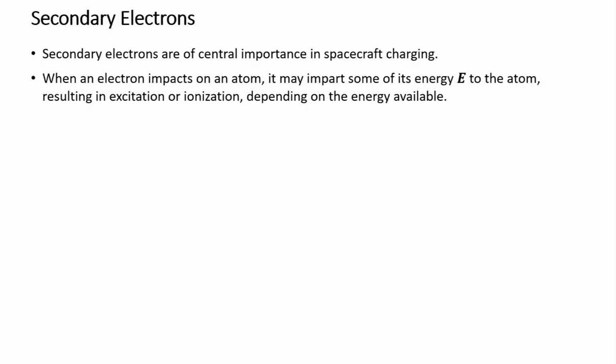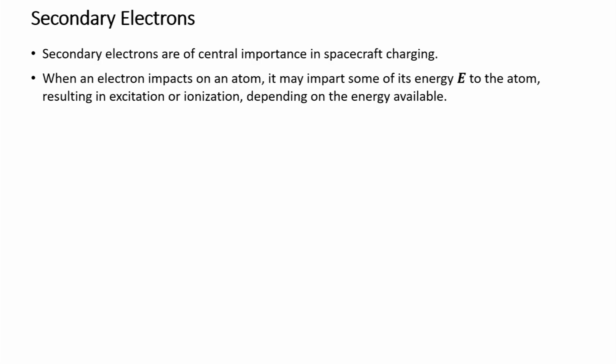What happens when an electron impacts an atom? In general, it may impart some of its kinetic or thermal energy to the atom, which can result in excitation or ionization, depending on the energy available. It can elevate the energy level of the outermost electron, so that it is in an excited state and leaves the atom.